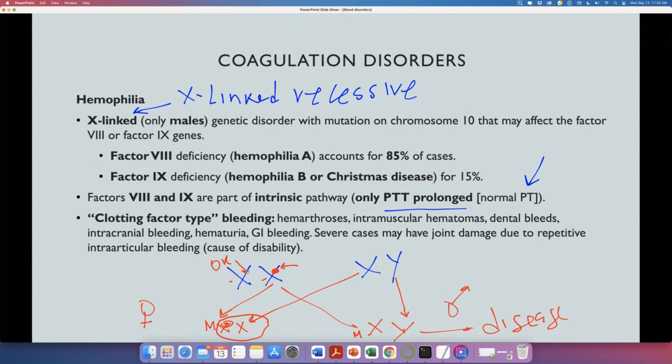And the type of bleeding is, as we explained before, the clotting factor type bleeding: deep bleeding, intramuscular hematomas, hemarthrosis, GI bleeding, hematuria, and severe cases may have a lot of joint damage, repeated bleeding inside the joints leading to erosions, leading to a loss of function in the joints.